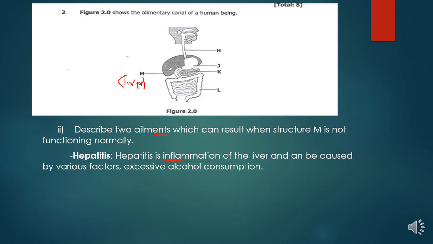So what we are trying to say here is that since the liver is not functioning well, there will be a lot of toxic substances that will block it or inflame it, and if they block the liver, it can develop a form of cancer, and that can cause death as well.